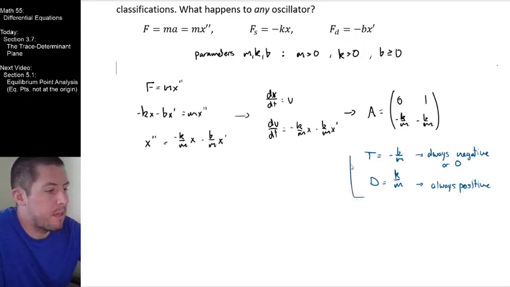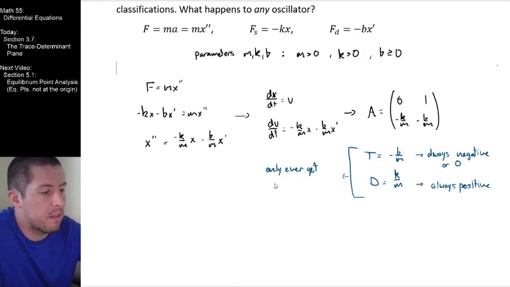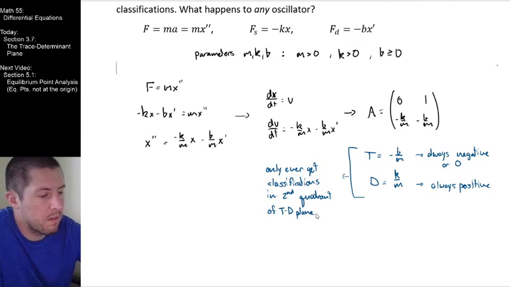So this says to me that we only ever get classifications in the second quadrant of the TD plane, including the d-axis, right?